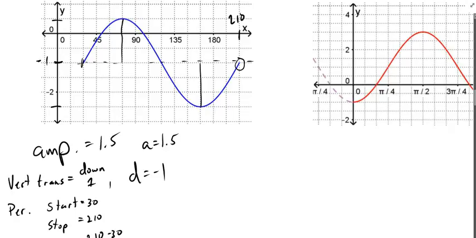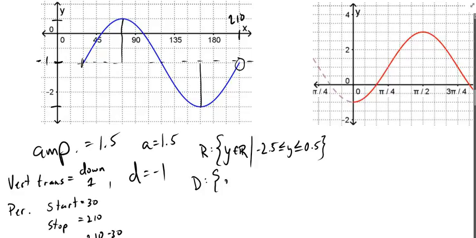Okay, range. y is an element of the real numbers such that it goes down to the minimum value, which is negative 2.5, less than or equal to y less than or equal to my maximum value, which is 0.5. And my domain, so this is out of order, but that's fine, is x is an element of the real numbers such that, see, I've already done this. Where does it start?